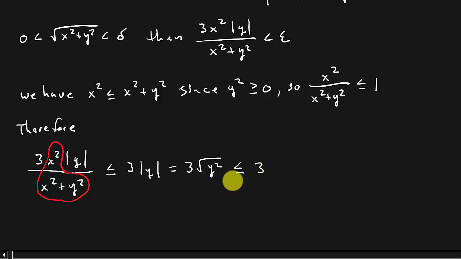See, there's the 3 and there's the 3, but we know that the square root of y squared would be less than or equal to the square root of x squared plus y squared.